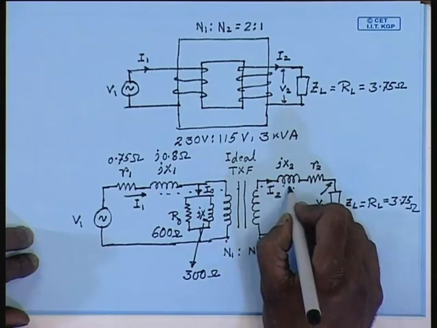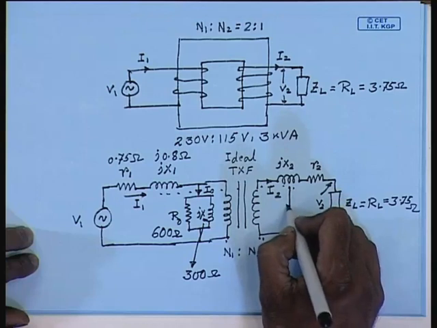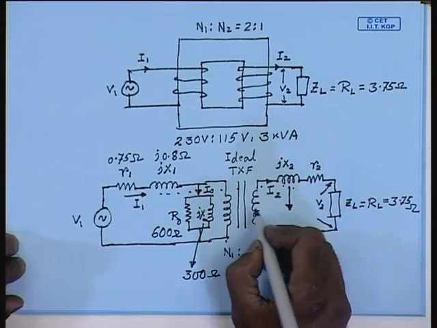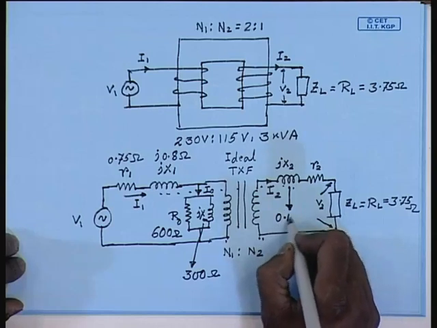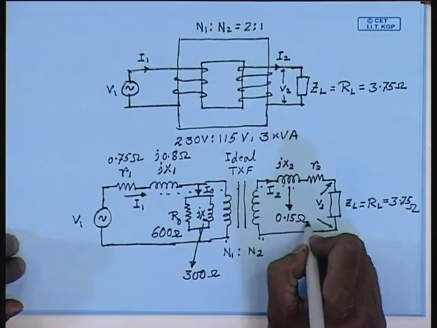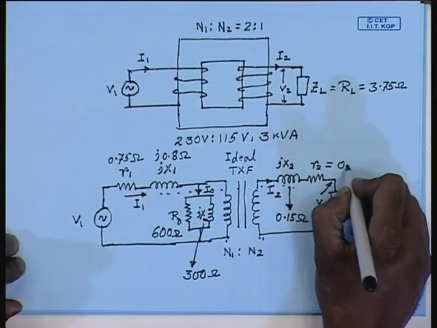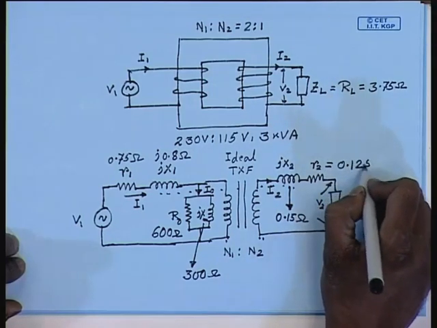Similarly, X2, rather, is given to be 0.15 ohm and R2 is given as 0.125 ohm.